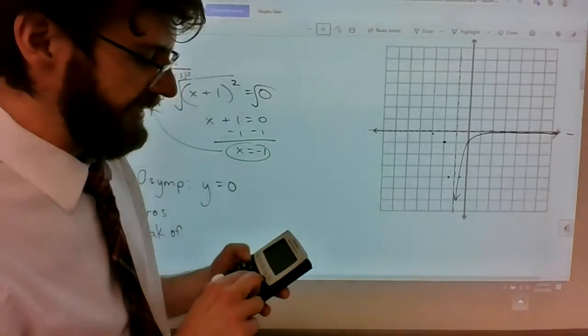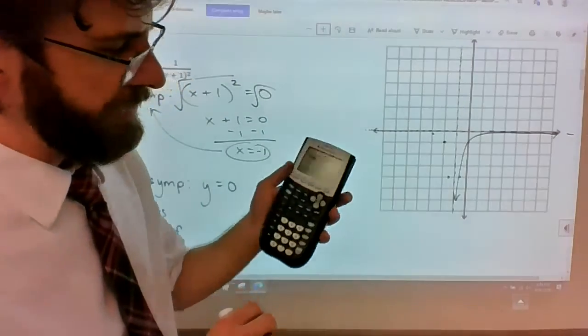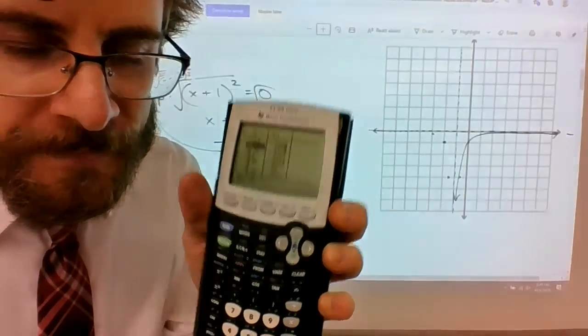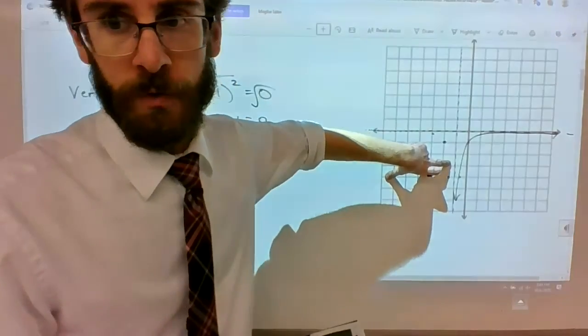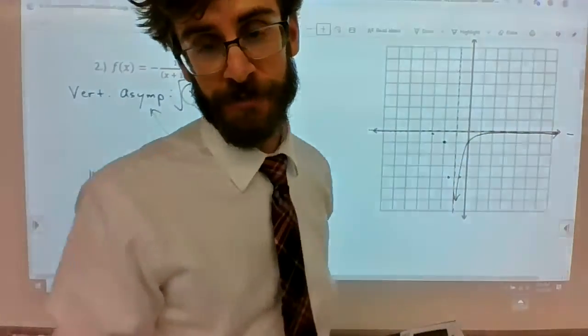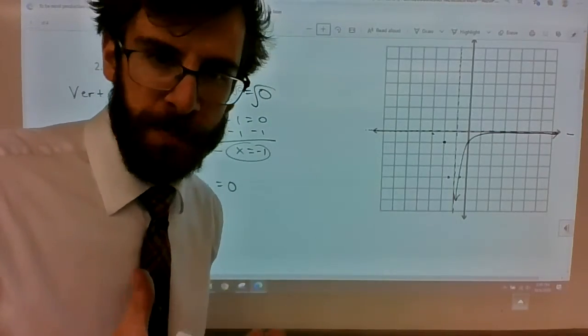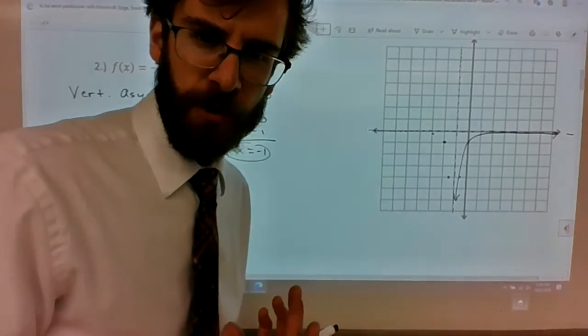I wonder what negative 7 is. Negative 7 isn't quite the same number, but that's because it's 6 units from the asymptote. That was 8 units from the asymptote. So it's all symmetry with respect to the asymptote, kind of like with respect to the vertex when you were graphing parabolas.